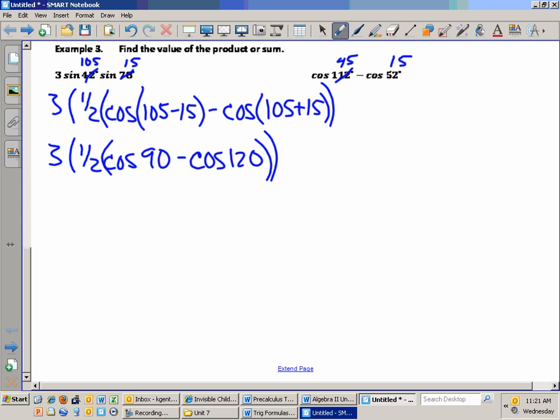What's cosine of 90? 0. What's cosine of 120? Negative 1/2. So minus the negative 1/2 would be plus 1/2. So this is just 3 times 1/2 times 1/2, which is 3/4.